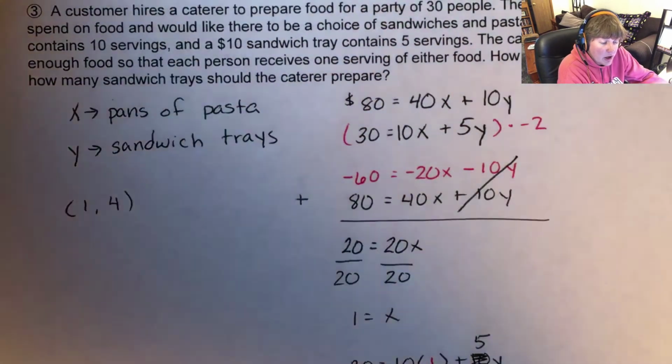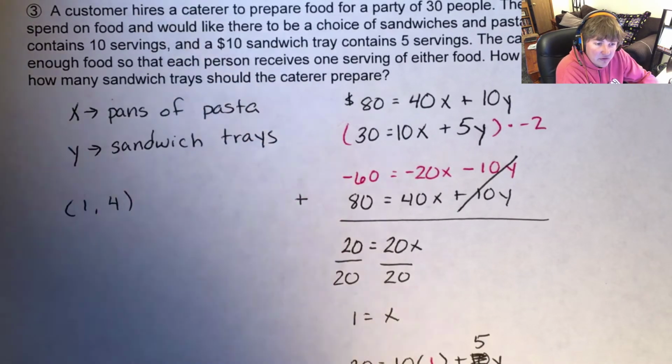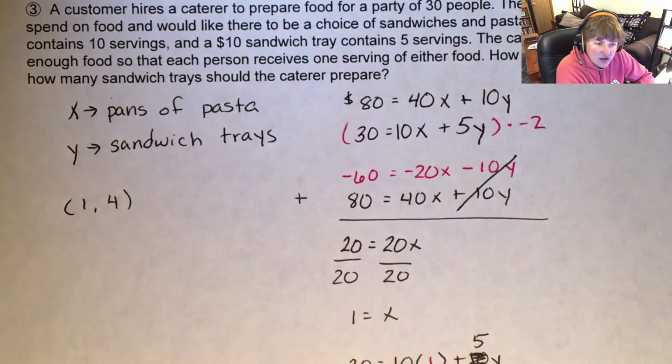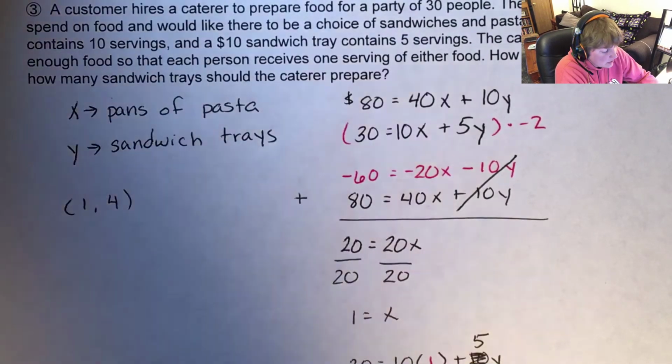Okay, but another requirement I need to see when you're doing these word problems, and this will be consistent when you're doing tests, is just one quick sentence explaining what (1, 4) means, because that doesn't mean a whole lot. If somebody asks you this question and you say 1, 4, well, 1 of what and 4 of what? So what does this mean?